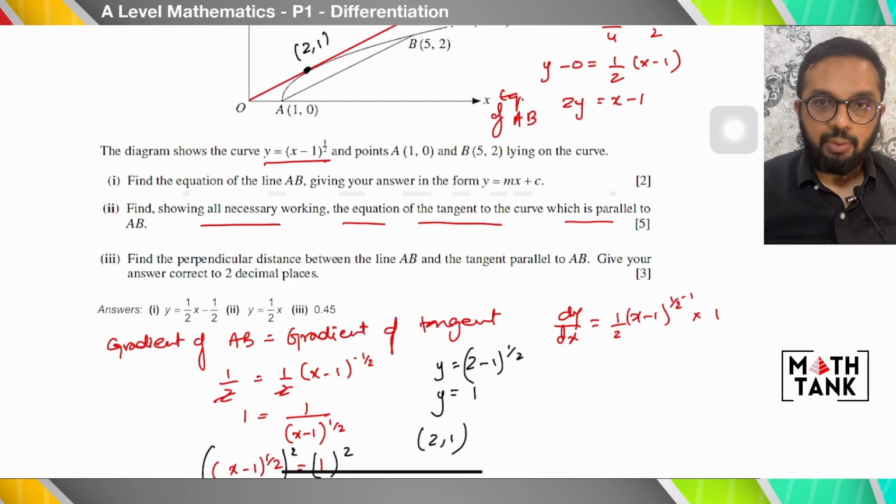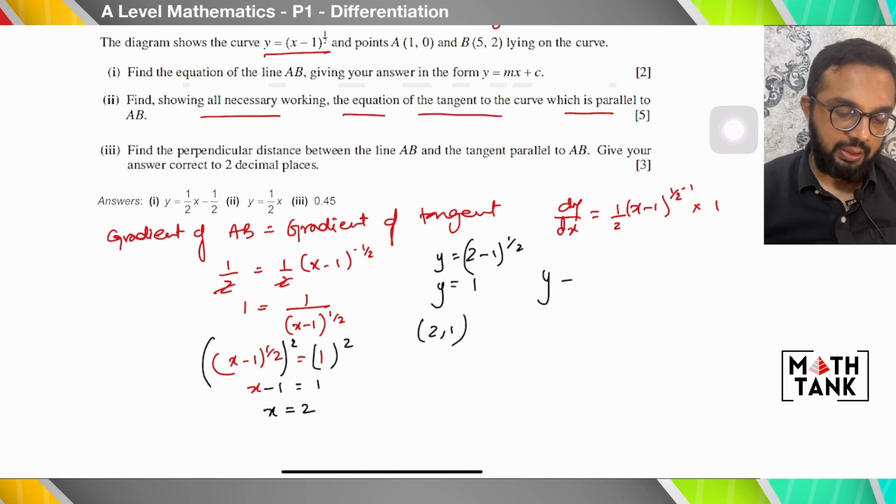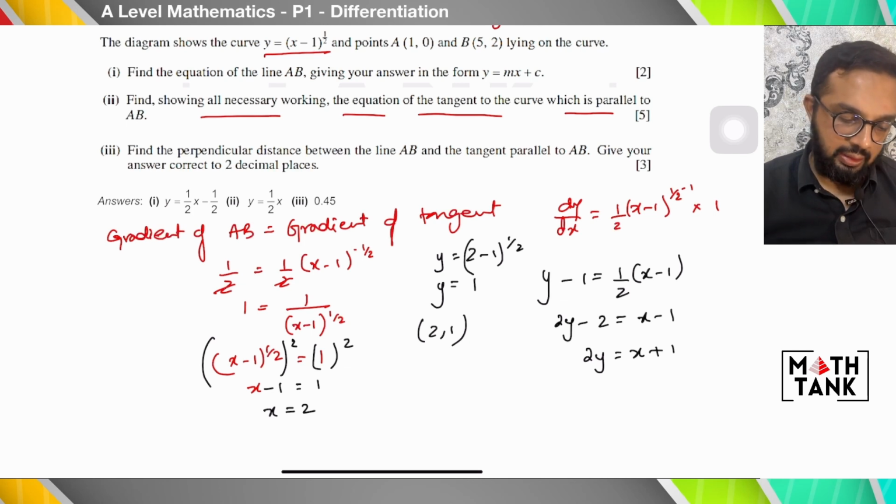That seems like it might be the point of tangency. Okay, can I find the equation? y minus y1 equals m(x minus x1). So I get 2y minus 2 equals x minus 1, 2y equals x plus 1 basically. Oh, I've put in x and y incorrectly. x is 2.